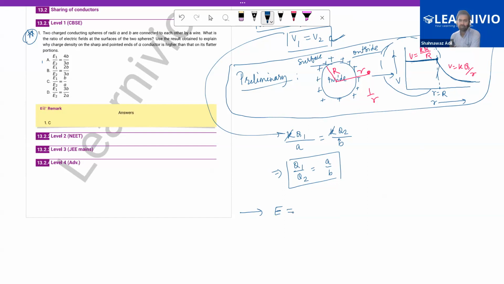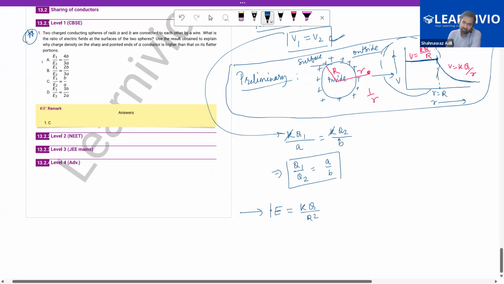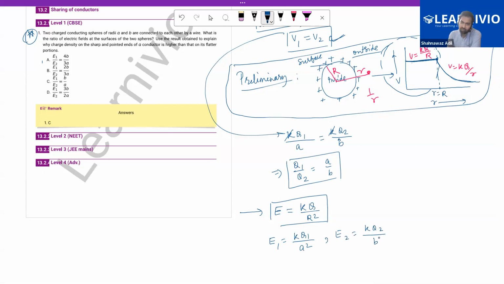That is kQ by R square. Right. So electric field E1 would be kQ1 by A square, and E2 would be kQ2 by B square.